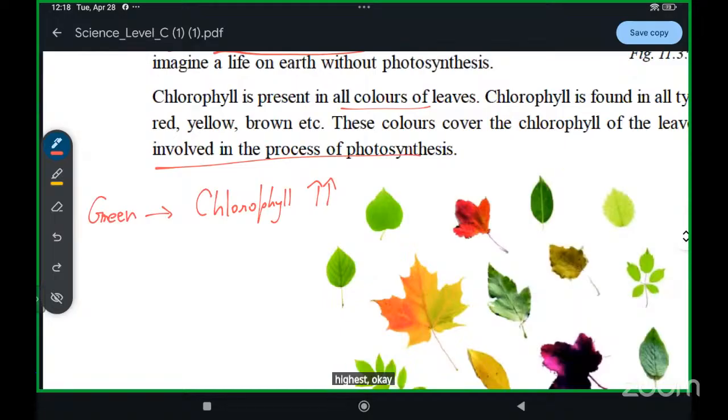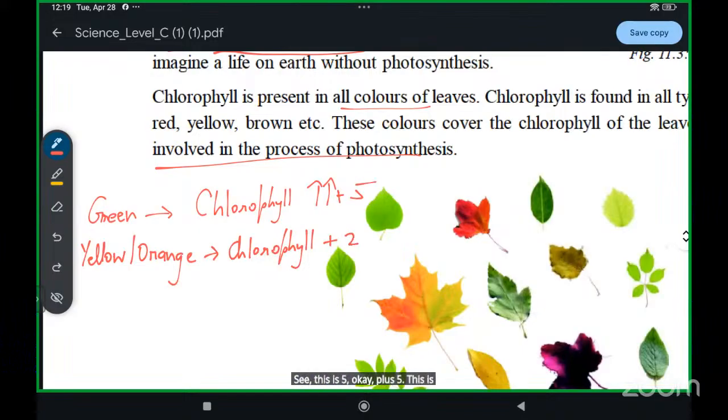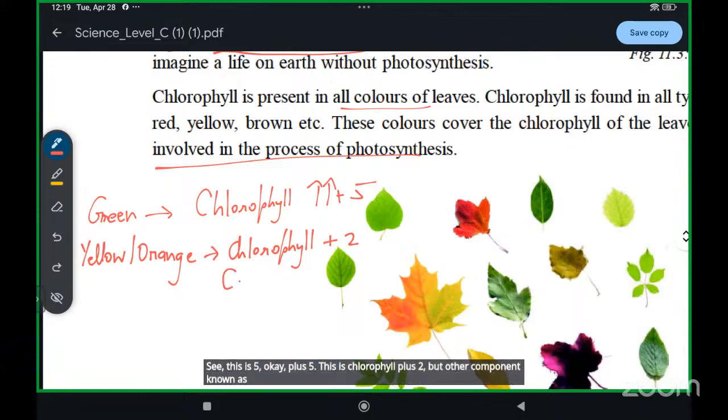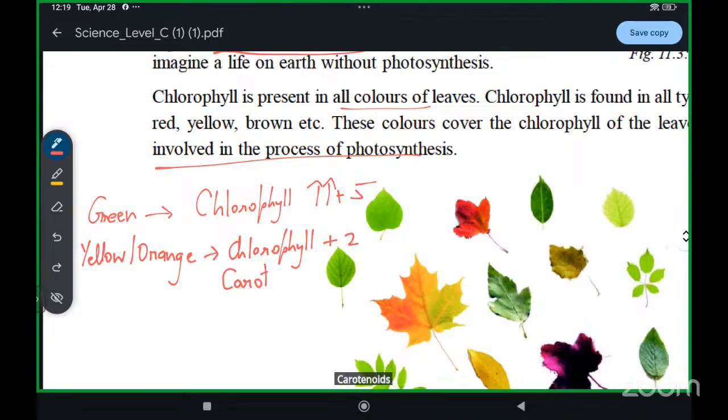But in other leaves, say yellow or orange leaves, they have chlorophyll, say plus 2, but another component known as carotenoid is plus 5.